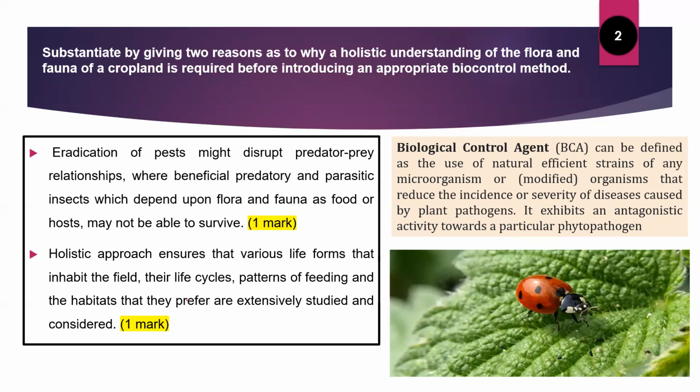And we often rely on different pesticides, different insecticides to protect our crops. However, there is a price that we have to pay when we use these insecticides, pesticides, etc.